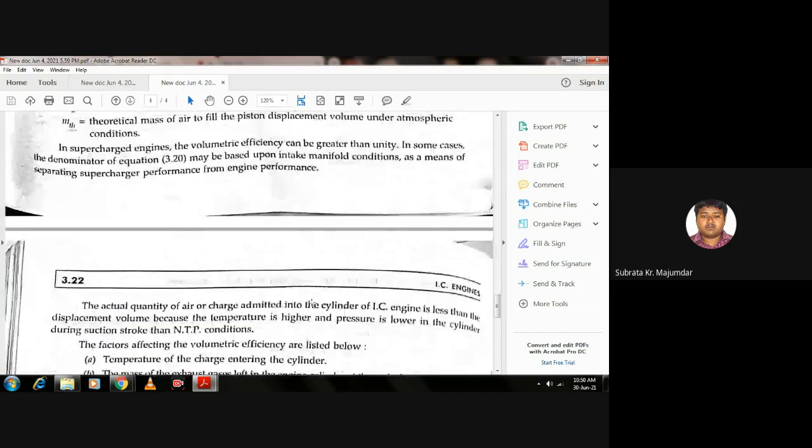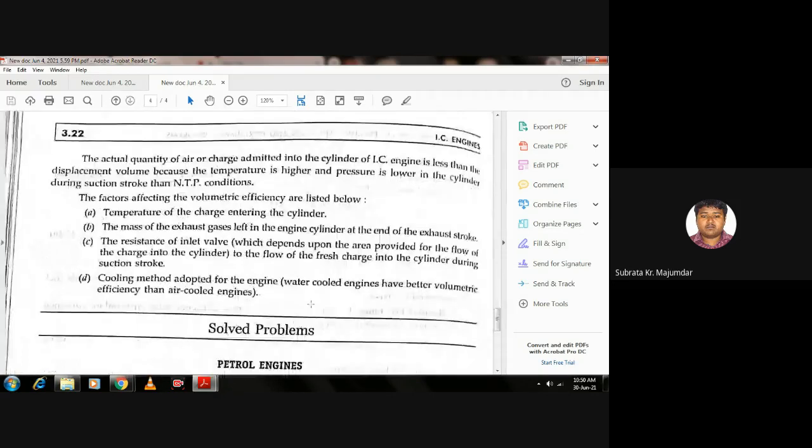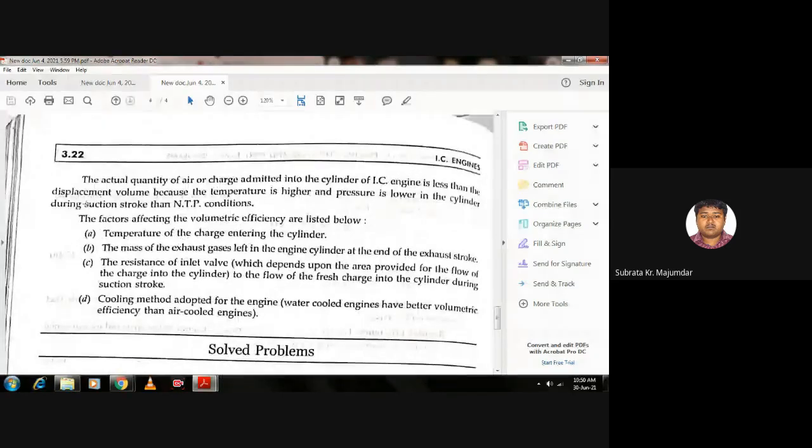These four are very important. Another point is the factors which affect the volumetric efficiency. There are several factors that can affect it. The first factor is the temperature of the charge entering the cylinder. Second, the mass of the exhaust gases left in the engine cylinder at the end of the exhaust stroke.